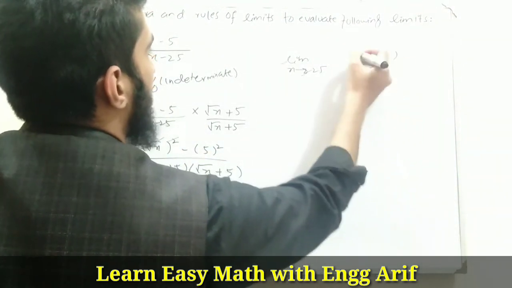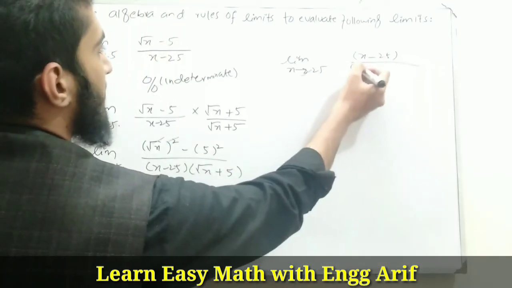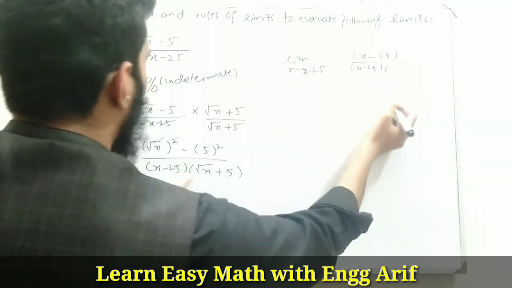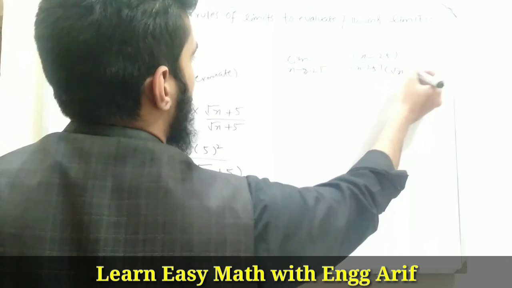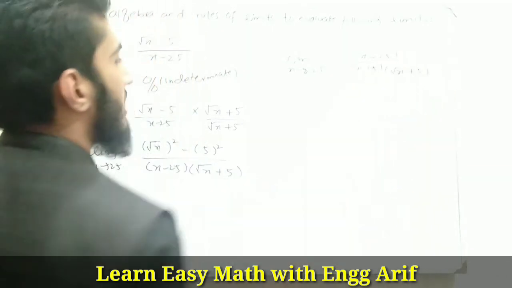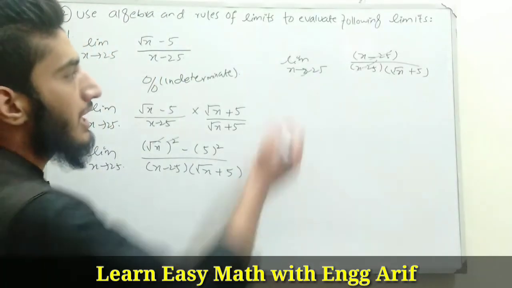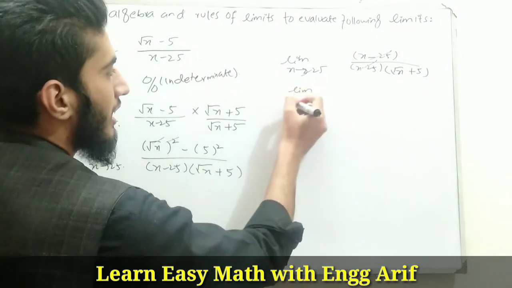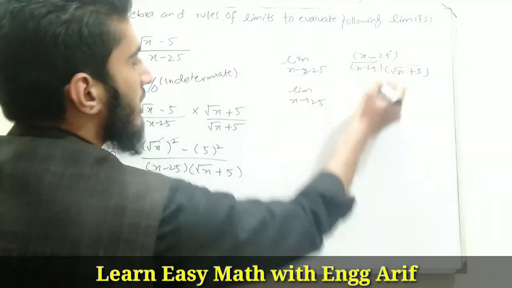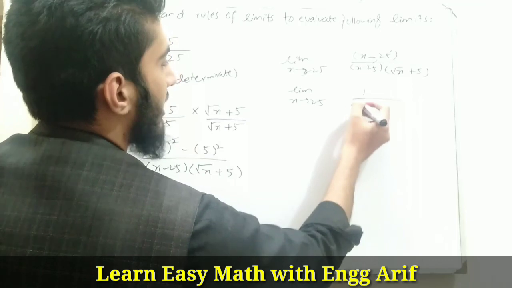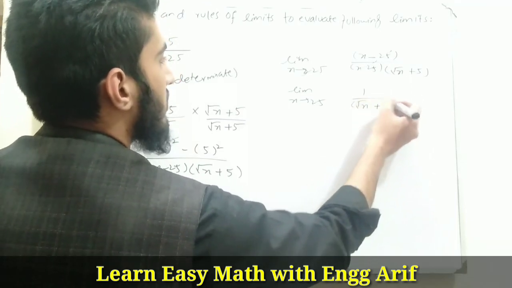So x minus 25 divided by x minus 25 multiplied by root x plus 5. Here x minus 25 and x minus 25 will cancel out with each other. We are left with limit x approaches 25, in the numerator 1, and in the denominator root x plus 5.